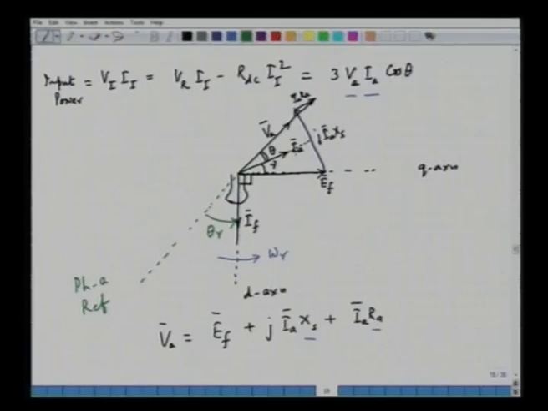Now, if we see the phase angle of the current, that is IA, what is the phase angle of the current with respect to the stationary phase A axis?